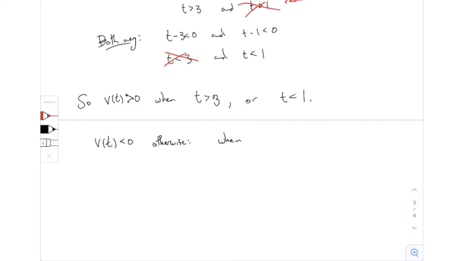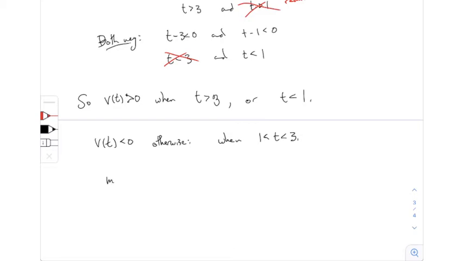Apparently it's moving to the right when it's less than 1 or more than 3. It must be moving to the left at the other times, which is to say between 1 and 3. That would be like this. And we already know that it is stationary, that is not moving at all, at time equals 1 and 3. So this describes everything about which way it's moving.